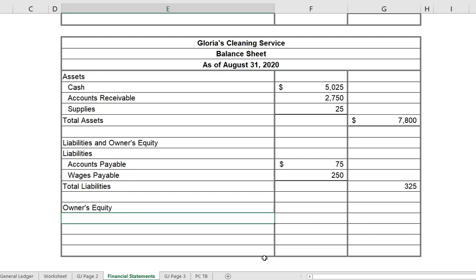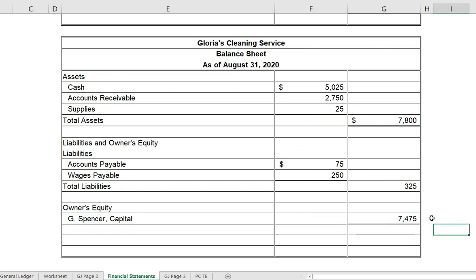And that's G. Spencer, Capital, and that's $7,475. Okay, so I put a solid line there to indicate that these two are not now going to get added together. We only have one equity account, which is G. Spencer, Capital.